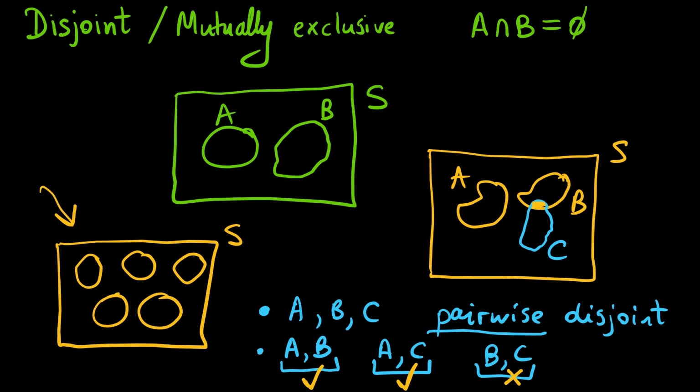But now imagine that what's left in the sample space that's not in these 5, basically the complement of the union of these 5 sets, is the 6th set. So now we have sets 1, 2, 3, 4, 5, and then what's left in the sample space that's not in the other 5 is set 6.